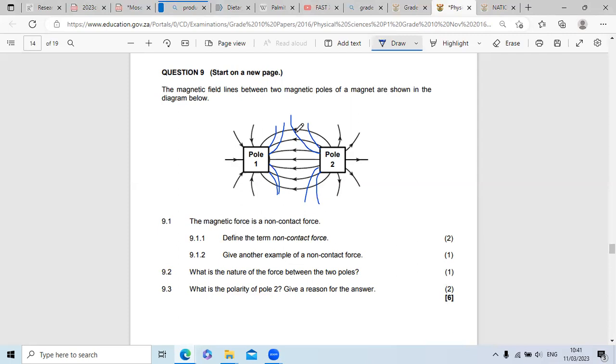If there's repulsion, it's gonna look something like this, and the magnets will move further away from each other. Since it's something like this, and the magnetic field lines do touch, then it's gonna be attraction. So when there's repulsion, it looks like that, and when there's attraction, it looks like this.